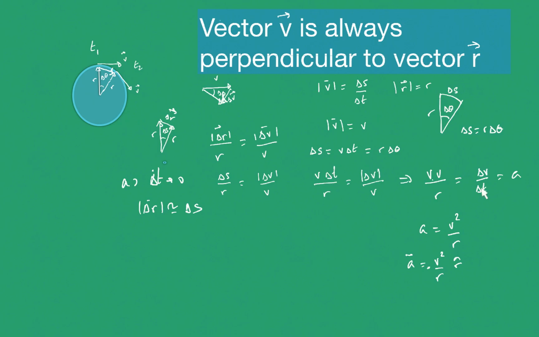If you put delta t here, and you put this v here, it will be v by v divided by r. Okay, so the acceleration is v squared divided by r. And the direction of the acceleration is in the direction of delta v.